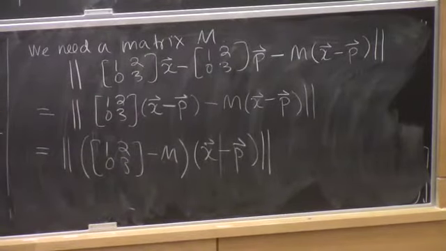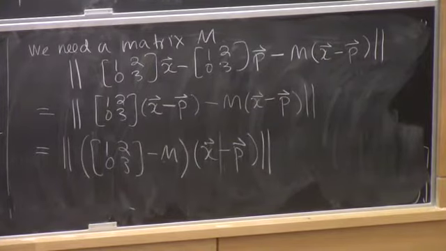Okay, so we want this thing to go to 0, so what should we pick for M? How can I make this thing 0? Yeah, sure, I should pick the matrix that looks like this one.